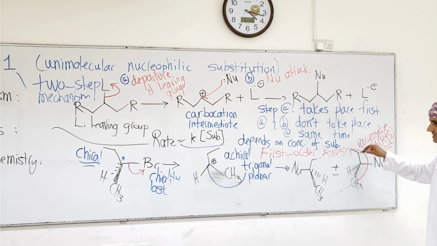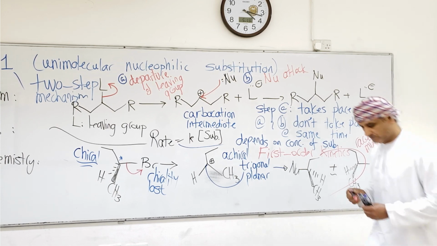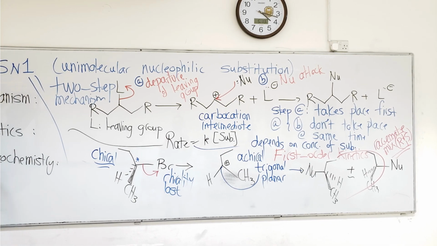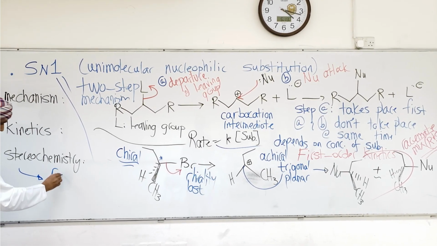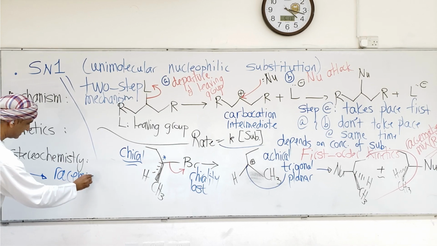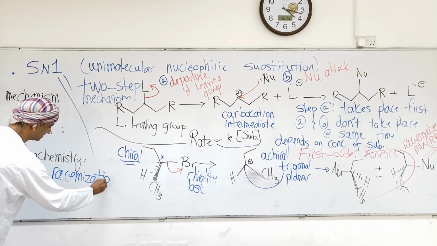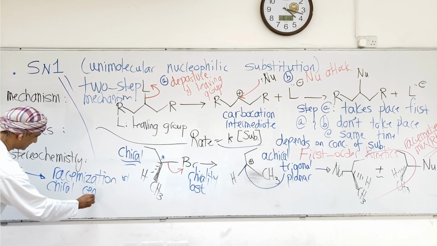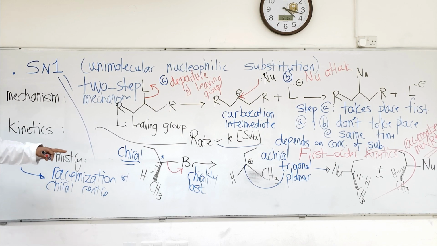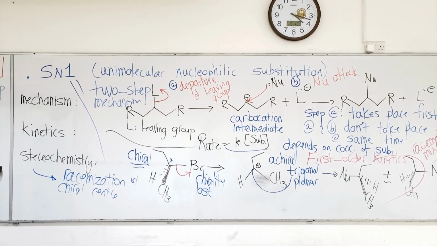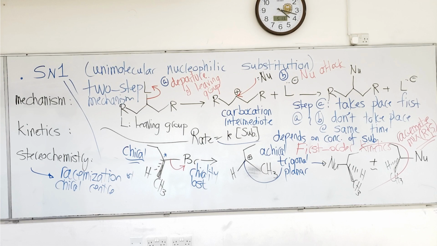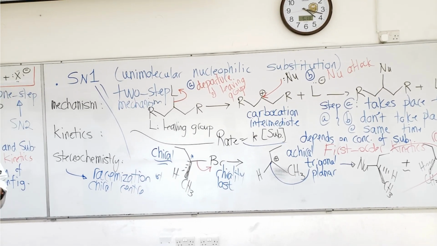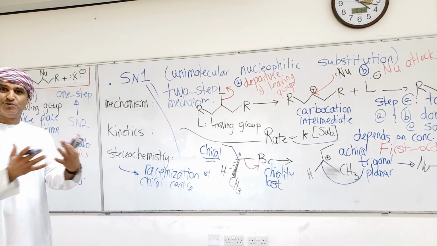A racemate is obtained here, which leads us again to the conclusion that in the SN1 mechanism type, the stereochemical observation is racemization of the chiral center. That's because chirality is lost in the first step, and when chirality is lost, a planar carbocation intermediate is formed, and the nucleophile then will have two modes of attack.